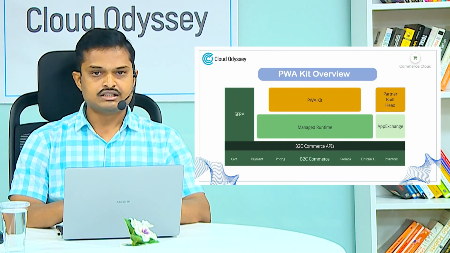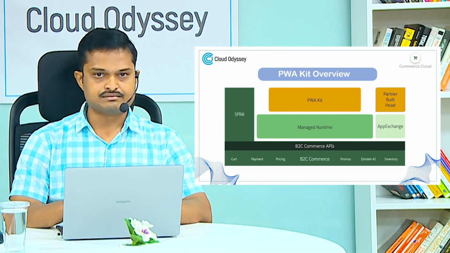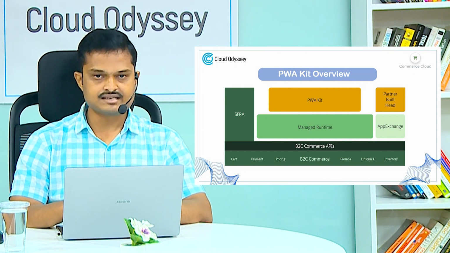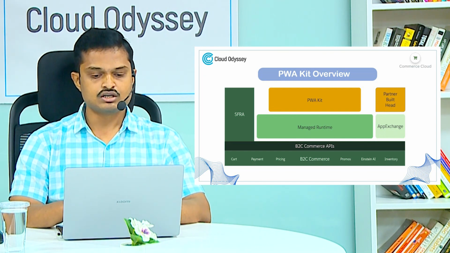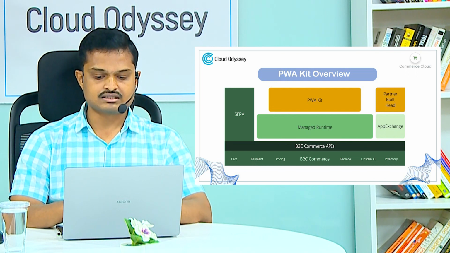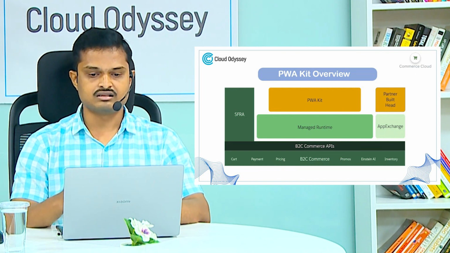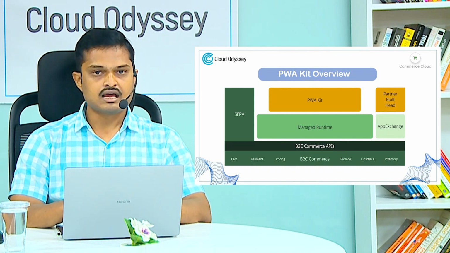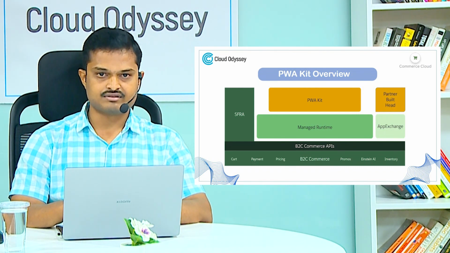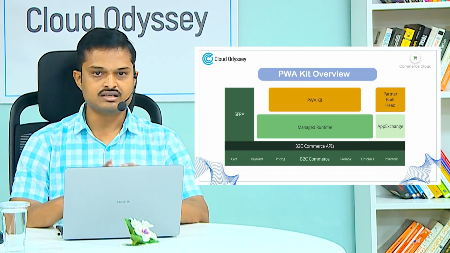So now this PWA Kit front end is built using React.js and the backend is still the Salesforce Commerce Cloud. So now the Salesforce Commerce Cloud will supply the data, whatever is required, that needs to be displayed on the front end to the PWA Kit, and the PWA Kit will render that information on the front end by using React.js.